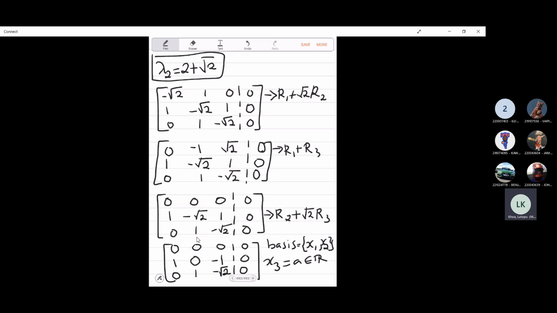Sorry, not a, I should use b because the first eigenvector had a's, so this one I use b just to distinguish them. Okay, and then from here I can see that I have x1 minus b is equal to 0. And then here I have x2 minus square root of 2b is equal to 0.